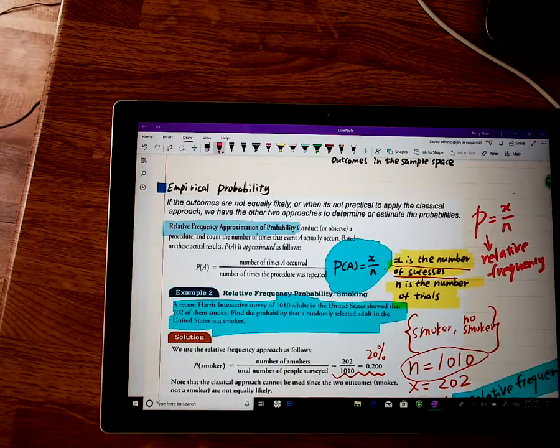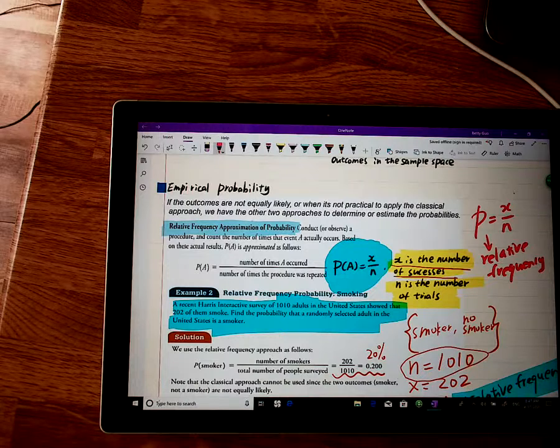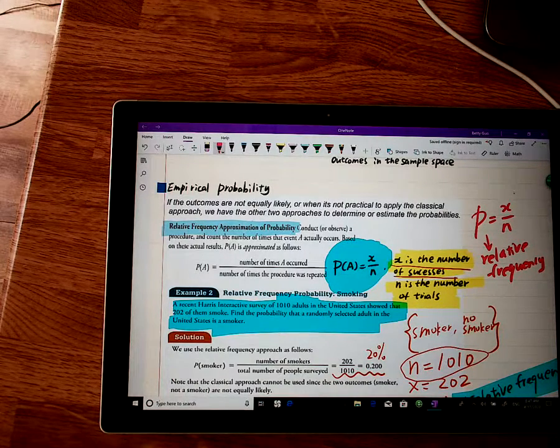Let me say that again. So the experiment actually is you randomly select an adult from the United States. Okay, that is accurate enough. So the experiment or procedure here is you randomly select an adult from the United States. That is the experiment because it gives you results.